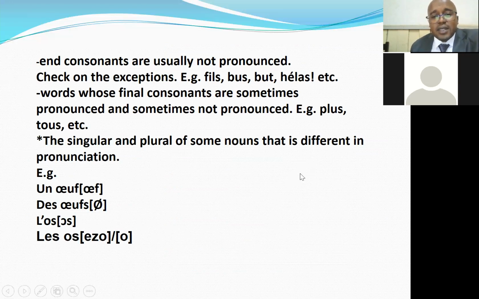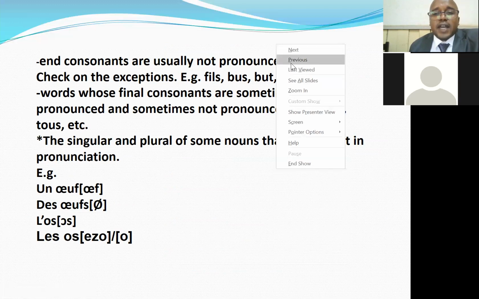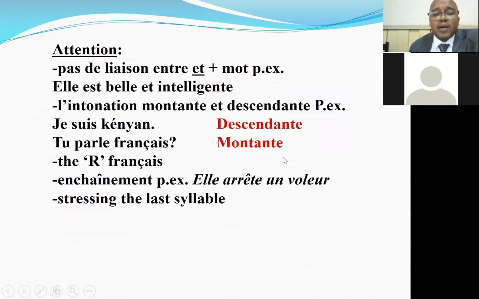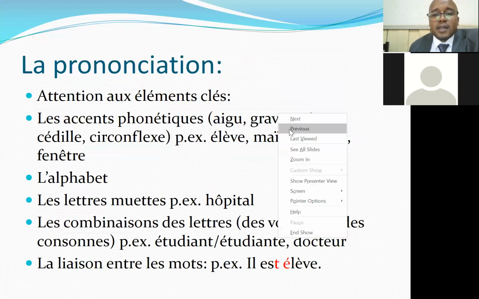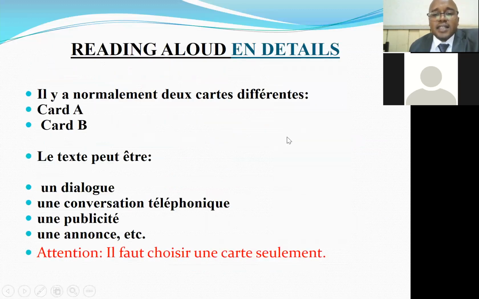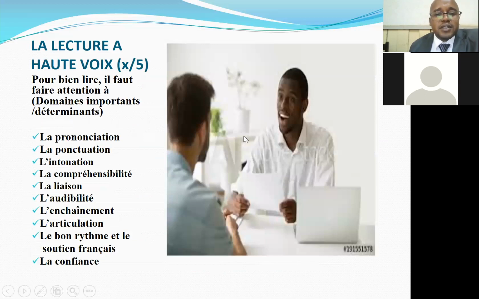Have we understood that the examiner will not interrupt? They will say nothing. They will just listen to you. Have we understood that there are key areas for us to remember when we are reading the card? And what are these areas? That is where I want us to get back to.